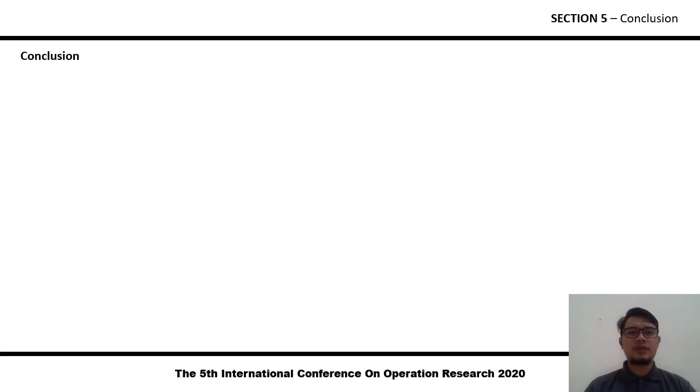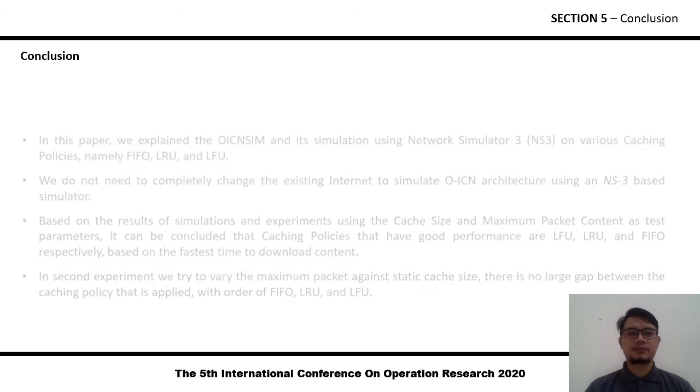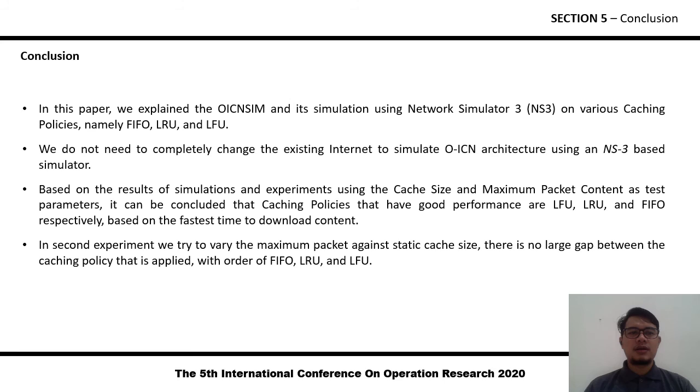After we present the first experiment and second experiment results, we will show you the conclusion of this experiment. In this paper, we explain the OICN simulator and its simulation using network simulator 3, NS3, and various caching policies, namely FIFO, LRU, and LFU.